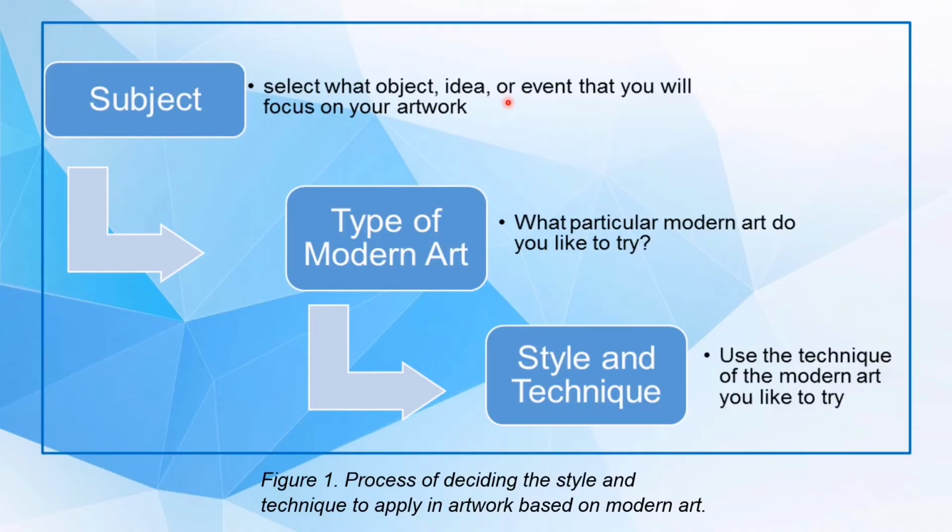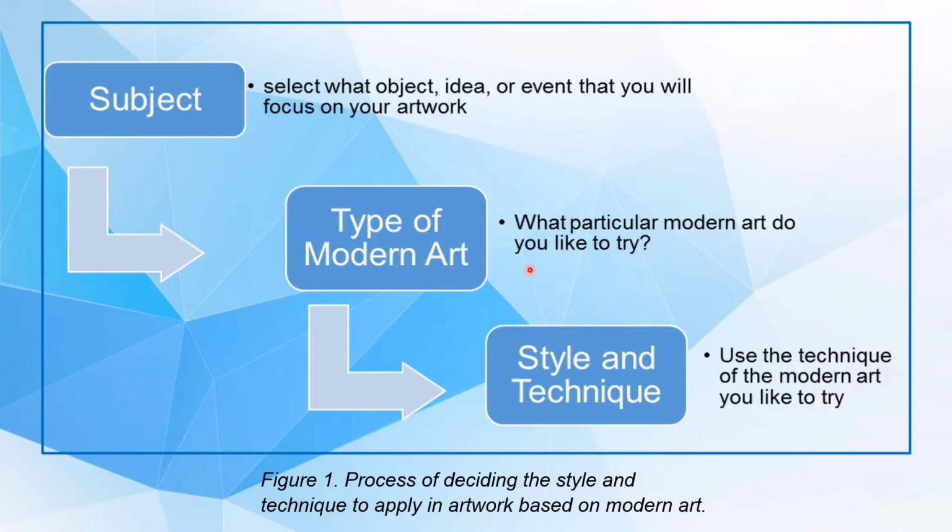Before deciding on the style and technique you are going to use, in order to convey a better representation and a message of your artwork. And also, we have the type of modern art.